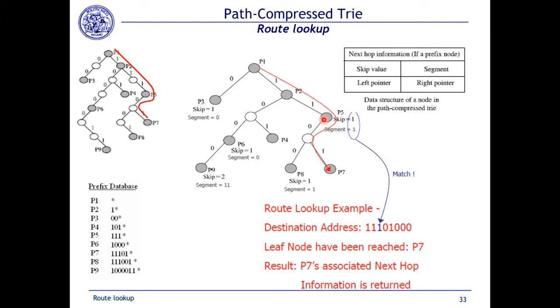In order to continue the path, we have now to take further bits in the destination address, in the number that is indicated by the skip, in this case only 1. Consider the value and see if the value of this sequence of bits is matching the value of the segment field. Okay. In this case, the next bit is a 1, so it is matching the value of the segment.